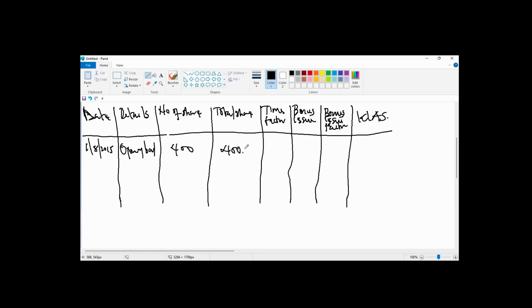These were issued at the full market price at the date of issue, 1st November 2015. That is a fresh issue. 100 plus 400, we have 500. That one is settled. Next, I'll go.